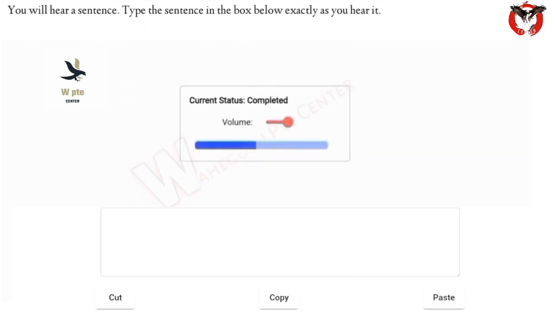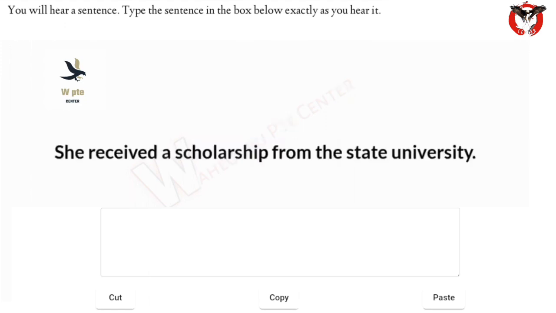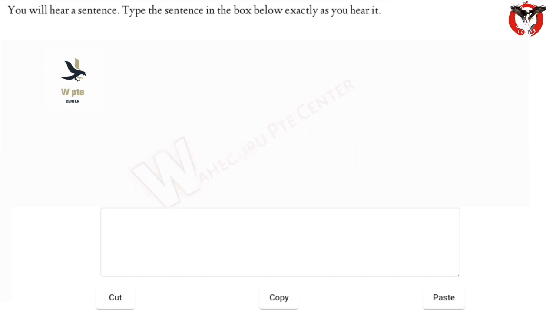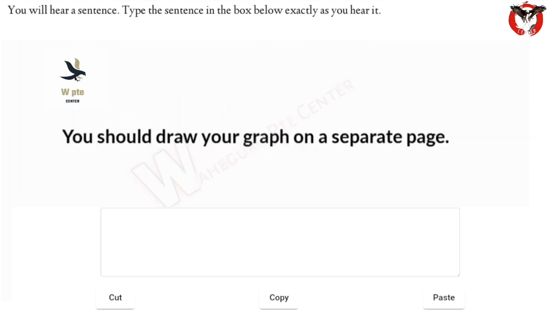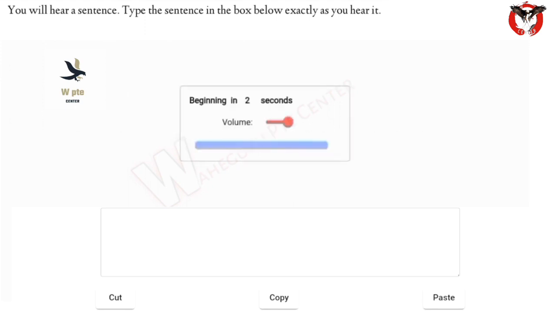She received a scholarship from the state university. You should draw your graph on a separate page. The teacher asked the group to commence the task.